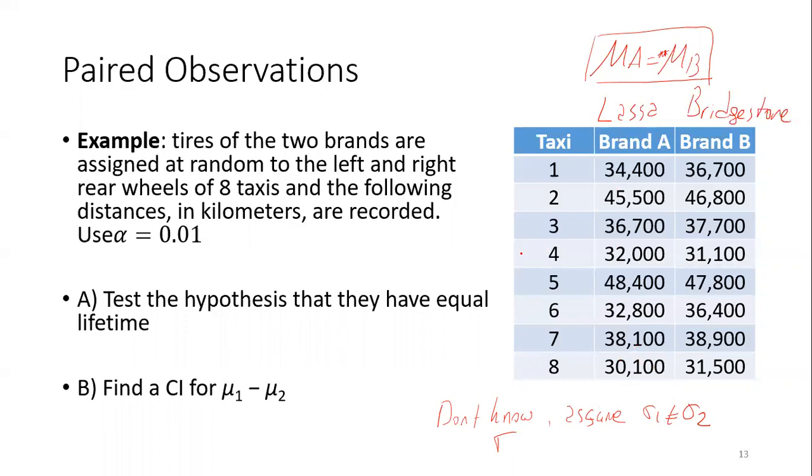But if you just check here, look at the fourth taxi and the fifth one. The brand A in taxi 4 is 32,000, and this one is 16,000 greater. So the kilometers in taxi 5 using the same brand is 16,000 greater than in taxi 4.